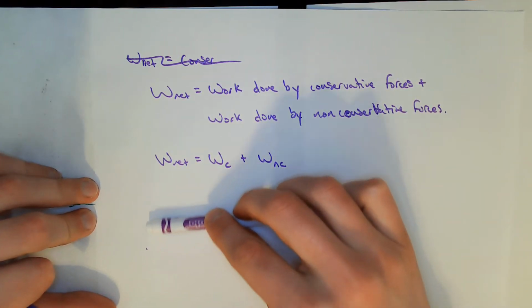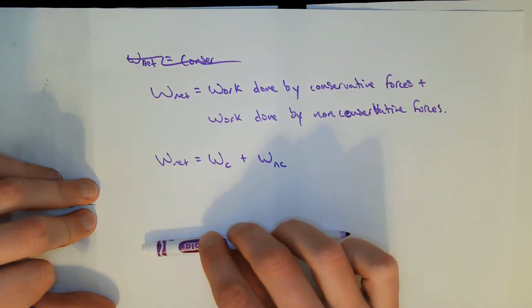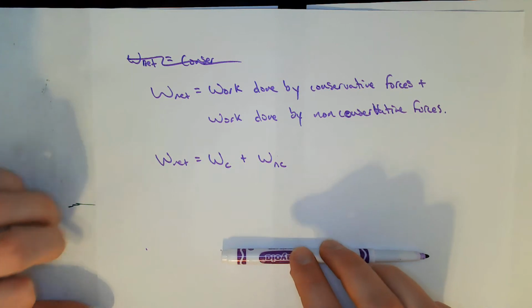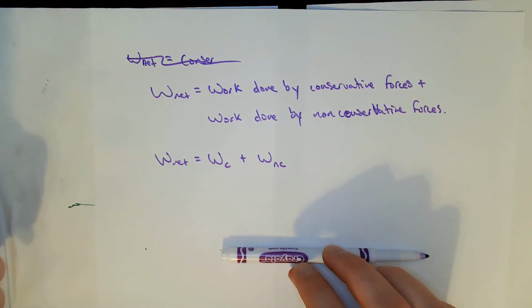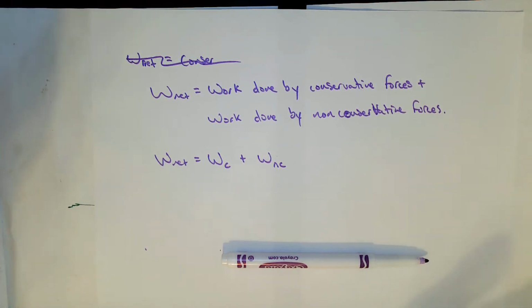Or if I took some crazy route like this, but I still ended up back here. Or even if I went past it and then back. Because conservative forces don't care about distance covered, they care only about total displacement.